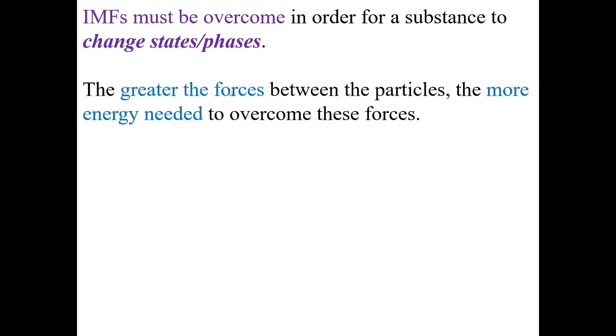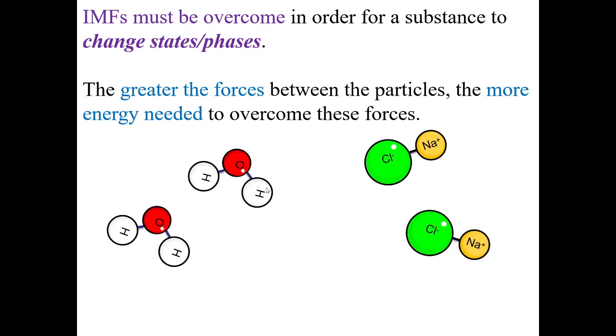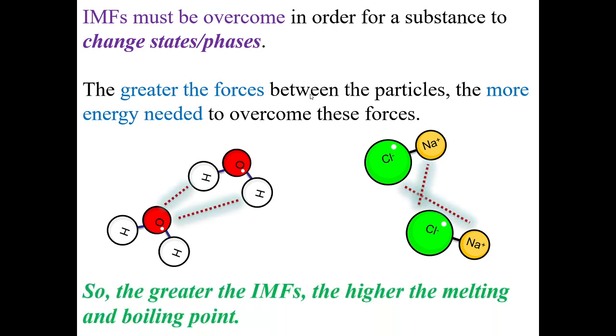The greater the forces between the particles, the more energy is needed to overcome these forces. And so that's what we were talking about. Different kinds of molecules as well as size of molecules makes a difference for those melting points and boiling points because the IMFs are stronger or weaker. Greater the IMFs, the higher the melting and boiling points. That is the takeaway there.